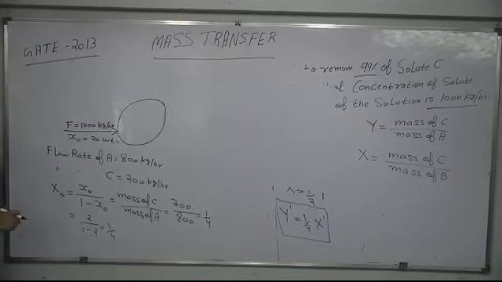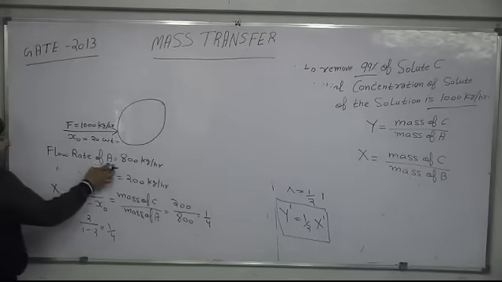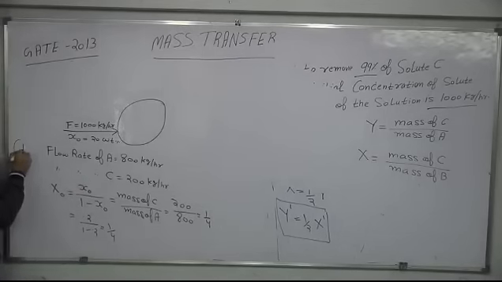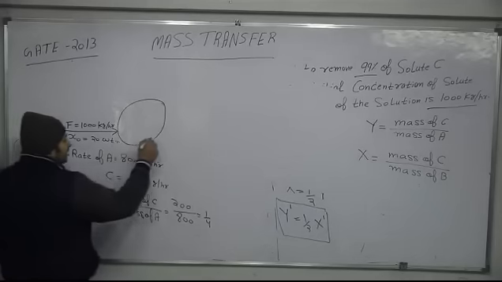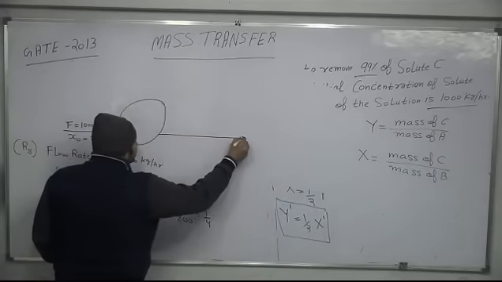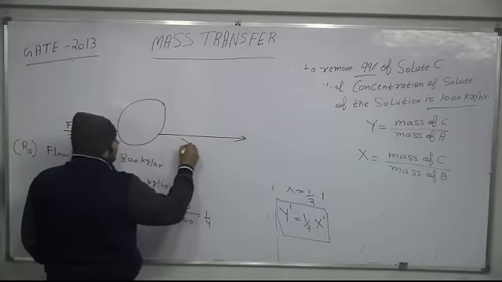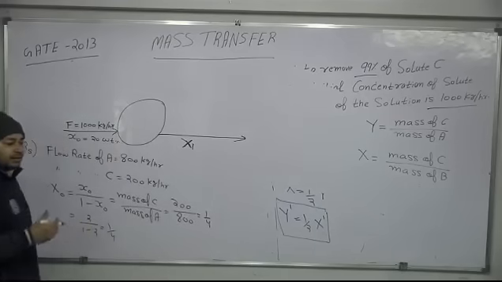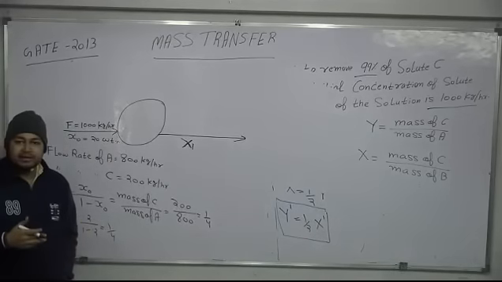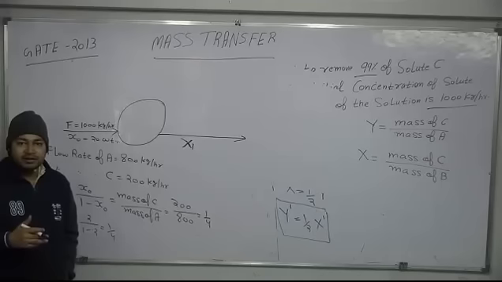In the solute-free basis, the flow rate of A is also denoted by R subscript S, where R subscript S means the flow rate of A only. So this is what is entering, and the thing that is leaving is denoted by X1. In the question it is given that 99% recovery is required.